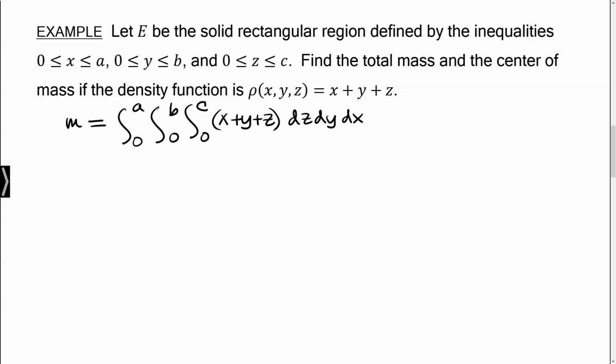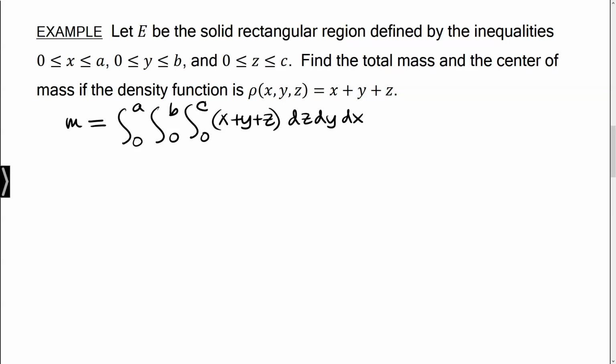Now, one thing that we can do here, if you remember in two variables, we said that if you have a function of two variables that you can write as a product of each variable, in other words, a function of x times a function of y, over a purely rectangular region, you could split it up into the product of two Calc 1 integrals, two single integrals. You can do the same thing in three dimensions.